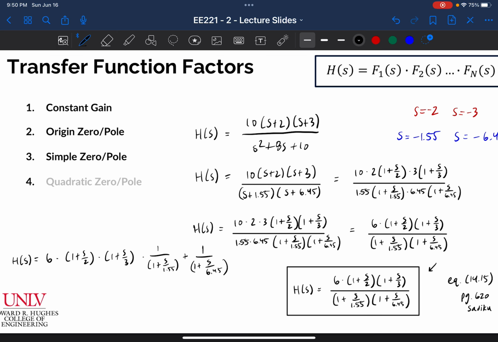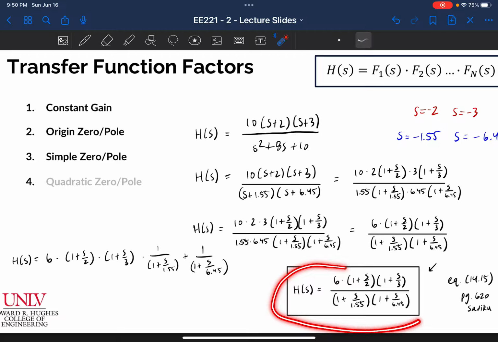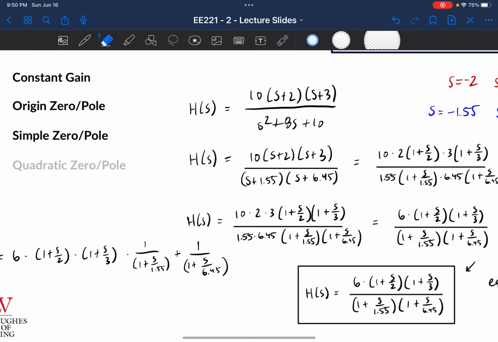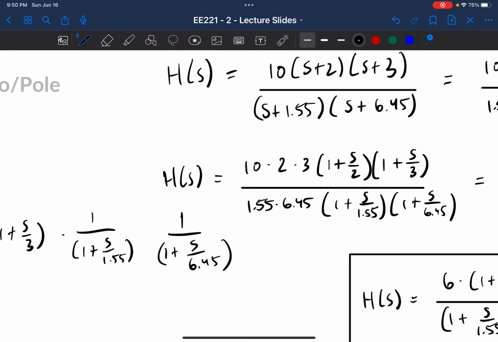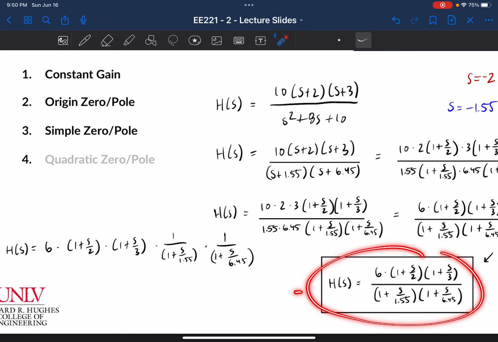If I were to multiply all of these together, I would get this H of s here. Oh, I wrote a plus sign here; this is supposed to be a multiply sign. I can basically decompose this transfer function into 5 smaller transfer functions that are all multiplied by one another.